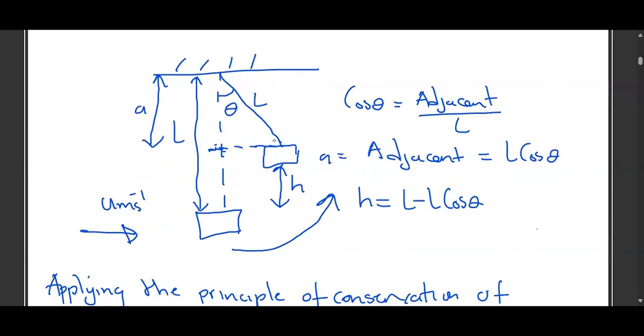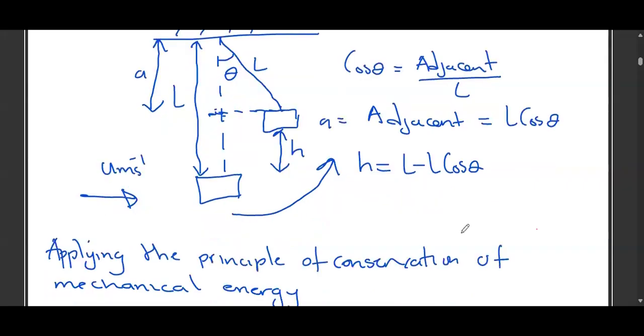If you apply the trigonometric ratios, cos theta is given by adjacent divided by hypotenuse. Our hypotenuse is L, so we come up with A as L cos theta. So from here up to here we have L cos theta, following this triangle. So our h is going to be from here up to here, minus from here up to here, to give us L minus L cos theta. That is going to be our expression.